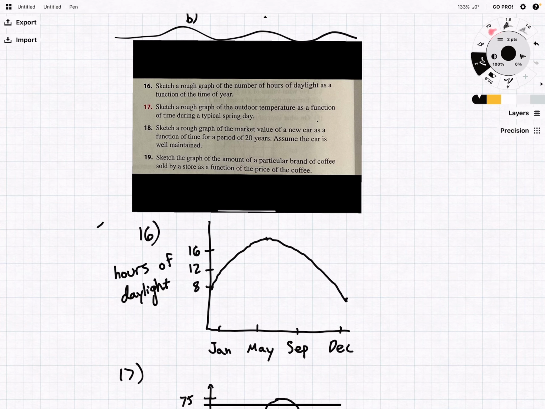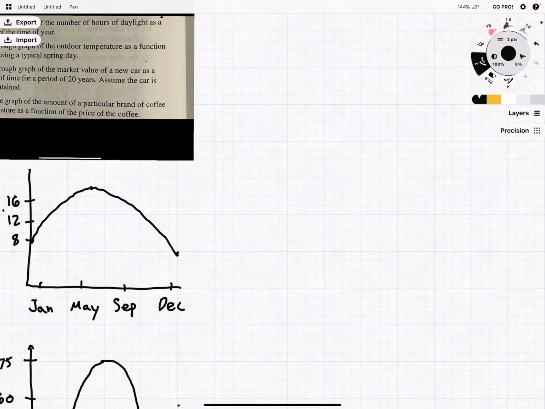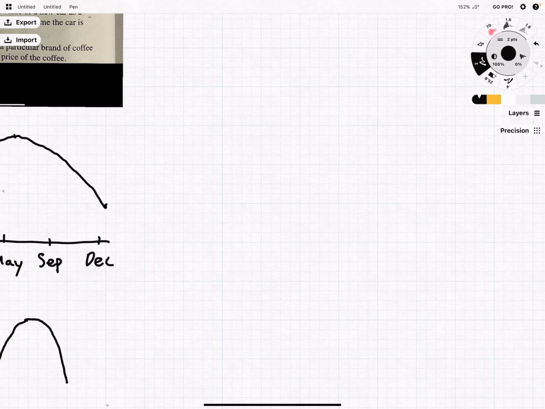Okay, so number 18, it says, sketch a rough graph of the market value of a new car as a function of time for a period of 20 years. Assume the car is well maintained. Yeah, so with new cars, that's always funny because you can buy a brand new car. But it's kind of rough because you spend so much money on a brand new car, maybe 30, 40,000 even. If it's a truck, maybe 60,000.